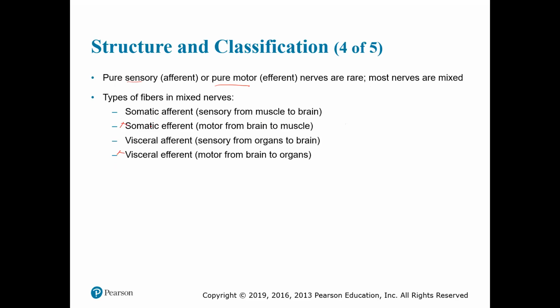Somatic, and again, remember the effector of the efferent one is the muscle. Sensory goes from the receptor to the brain. And visceral, same thing: afferent, sensory to the brain, and visceral motor from the brain to your organs, especially glands, right?